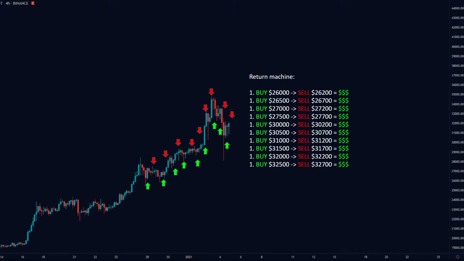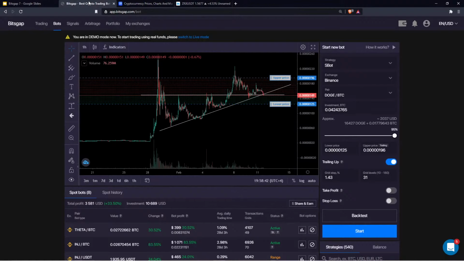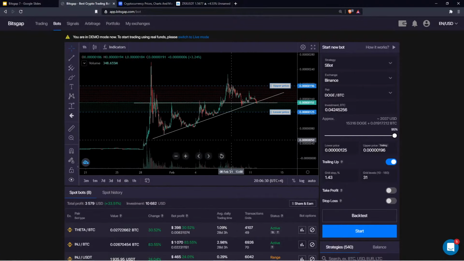Okay, let's now open the main page. Once you log in and go to the bot section, as I have right now, you will see the chart itself, where you can conduct your technical analysis. All the tools are available here.